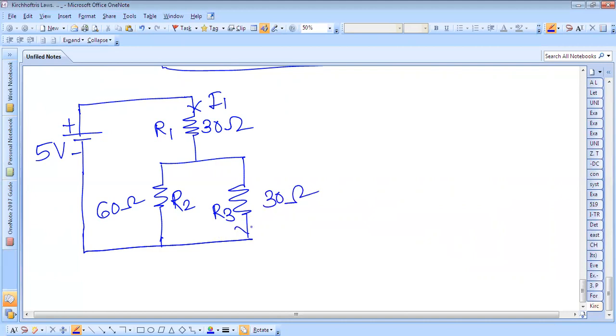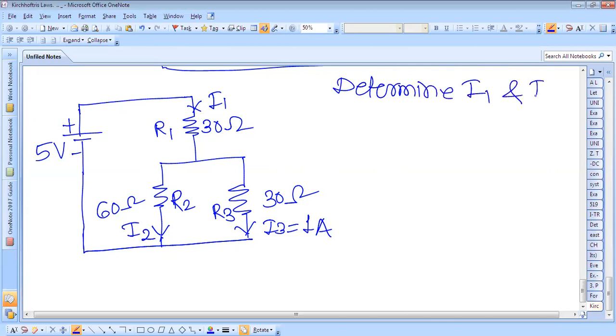This is I3, which is given as 1 ampere, and we have to calculate I2. Determine I1 and I2.